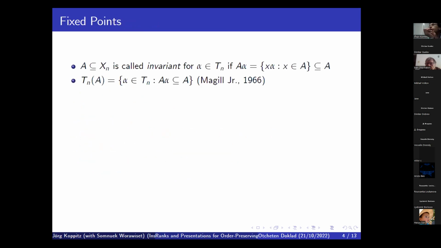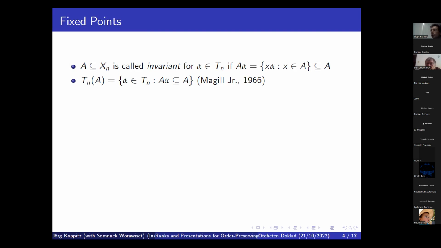Now we want to consider a particular subsemigroup of the semigroup of all order-preserving transformations. For this, we look a little bit into the history at some semigroups of transformations which are already considered. Namely, we consider the following set.